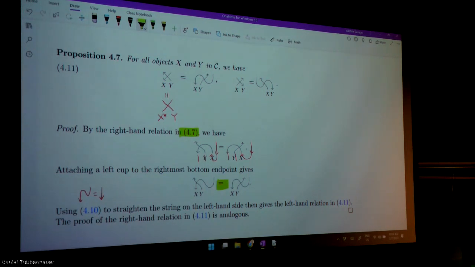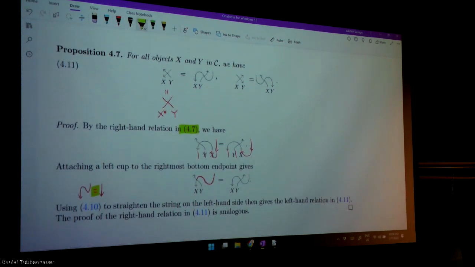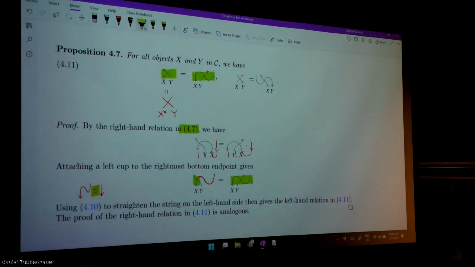Now I'll use this zigzag relation. If we have a zigzag, we can straighten it out, and I have a zigzag right here. So I'm going to straighten out that zigzag, and it gives exactly this equality. This left-hand side becomes exactly this left crossing, and this is exactly that right-hand side.